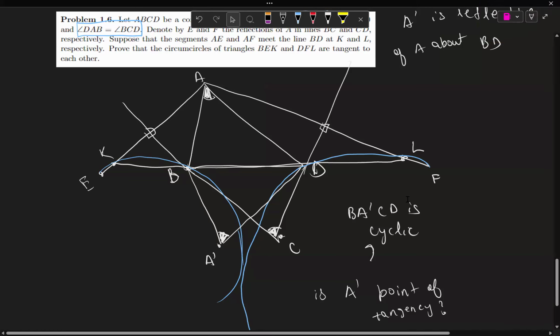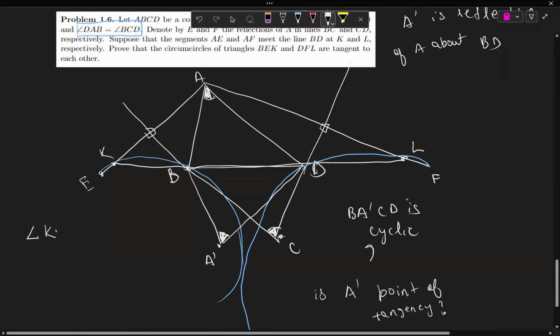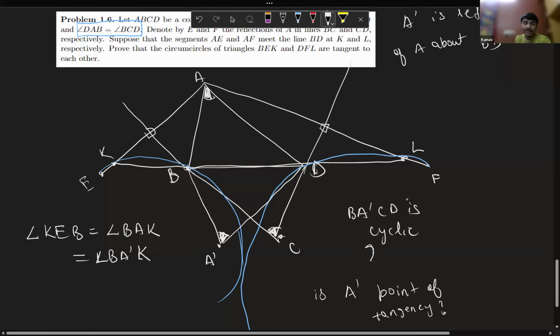Yeah, EKB A dash are cyclic, indeed. How do you prove it? Angle KEB will be equal to angle BAK, and that's going to be equal to angle BA dash K because A dash is a reflection of A. That implies cyclicity. I'll explain this again.